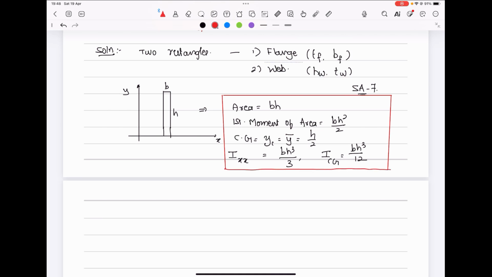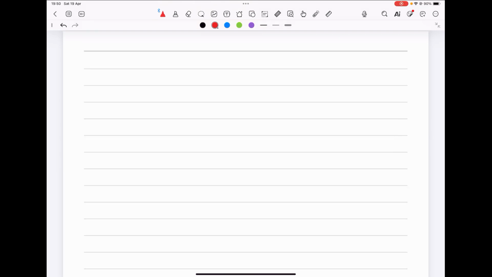Now let us divide the given T-beam into two rectangles. Everything we are calculating with respect to x-axis. Please remember that.